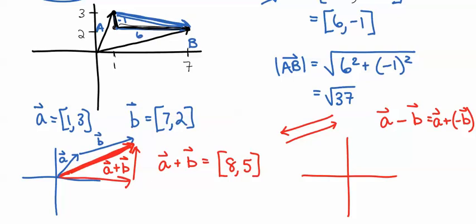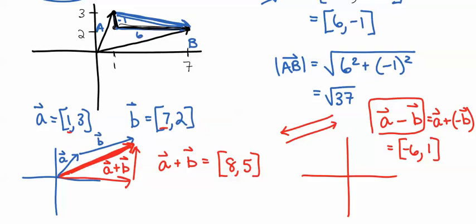But essentially, you know how we just added the x coordinates here? Well, to subtract 2 vectors, we're just subtracting them. So we just do 1 minus 7 is negative 6, and 3 minus 2 is 1. So we're subtracting their x coordinates and then their y coordinates, so we get negative 6 and 1.